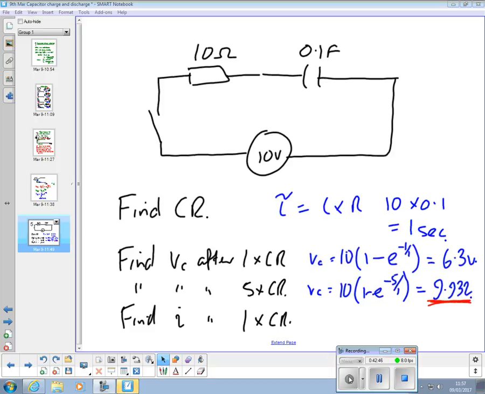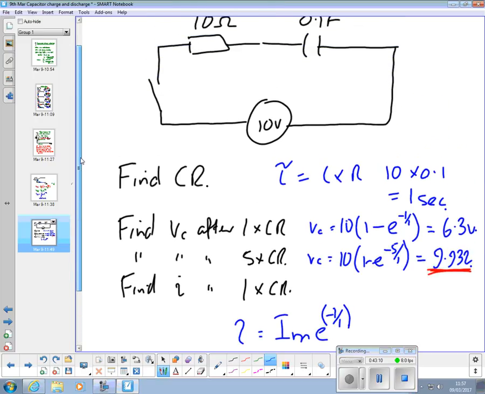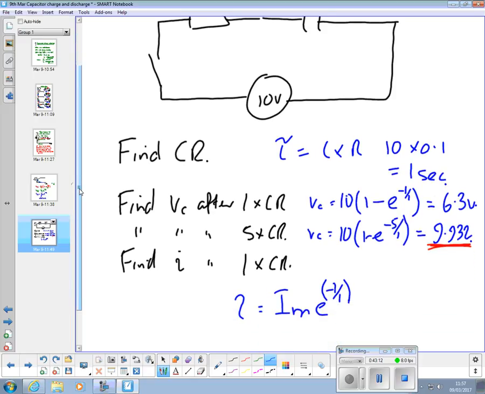And then lastly, I after one time constant is equal to Im e to the minus 1 over 1. And what's Im in this case? It's the initial current, 1 amp.